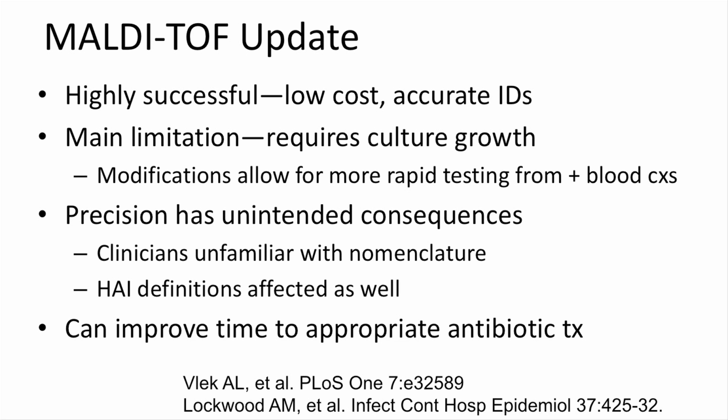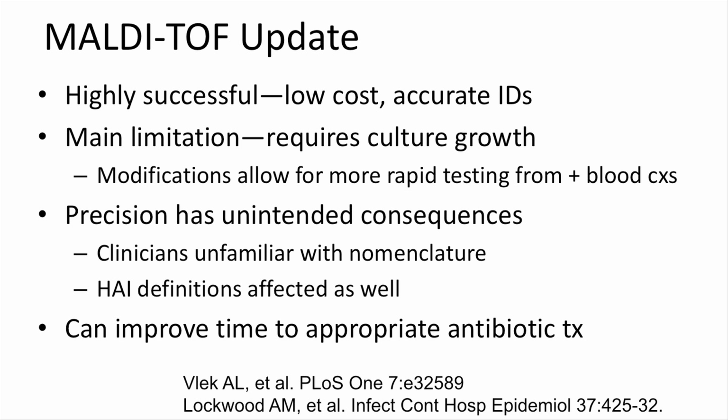One of the interesting things about MALDI is that the precision with which we can identify organisms has some unintended consequences. A bug that you used to call a diphtheroid, you can now give a very complicated name that I don't even remember. So what does that do? Well, it seems clear from my experience at Iowa that if you call something by an unusual name that a clinician hasn't heard of, they are more likely to treat it than if you call it a diphtheroid, where they might assume it's a contaminant.